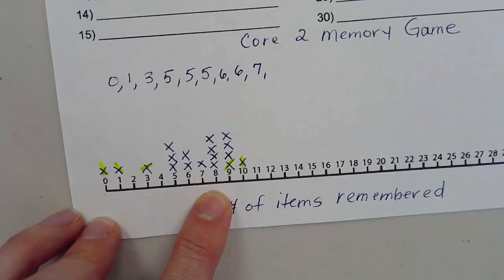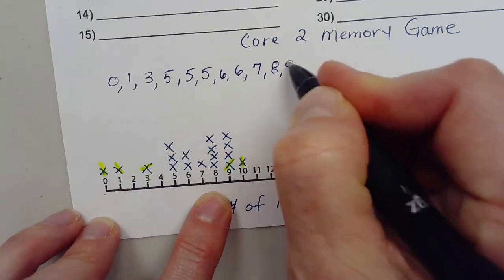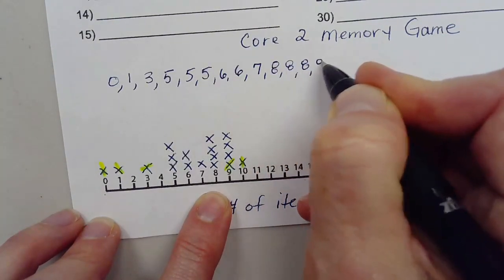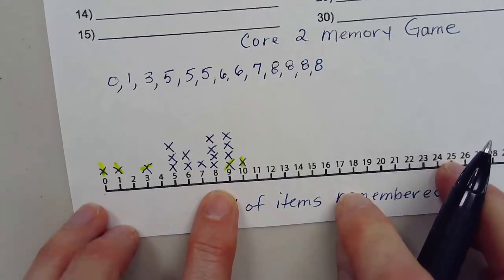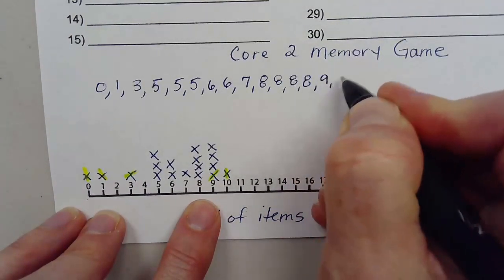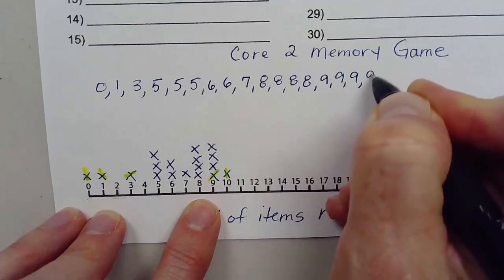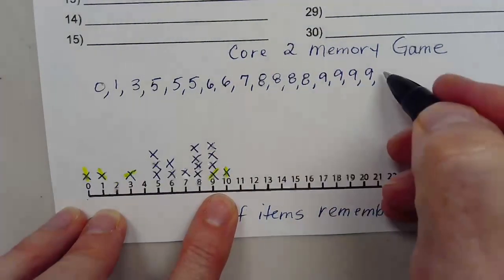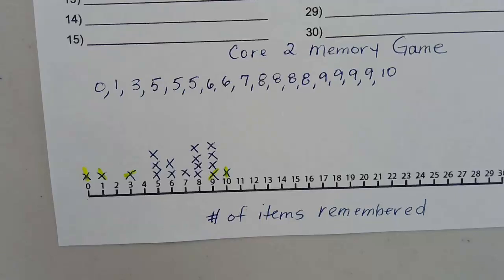How many? 4 of them. So go ahead and do 4 of them. What am I going to put next? How many? 4 of them. Then what? Do I have all the pieces of data? They're all there. What do I think the median's going to be?